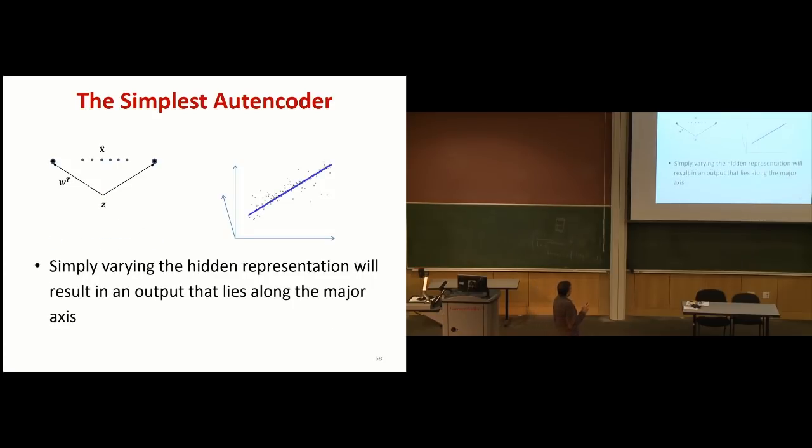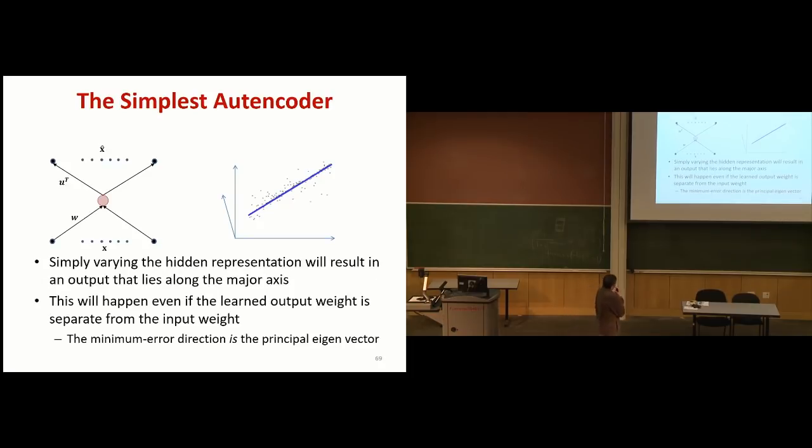So what this means is that regardless of the input, the output is going to be aligned. Now, in the example that I gave you, which is not a network, it's a single neuron, the reconstruction weights were the same as the input weights.